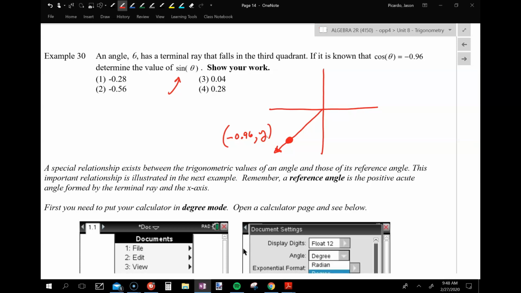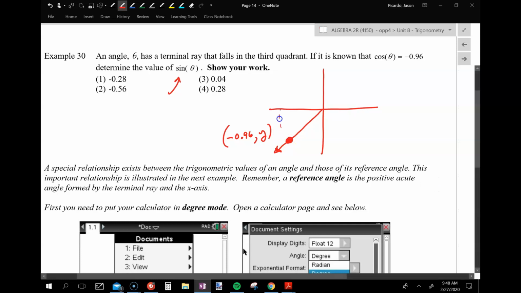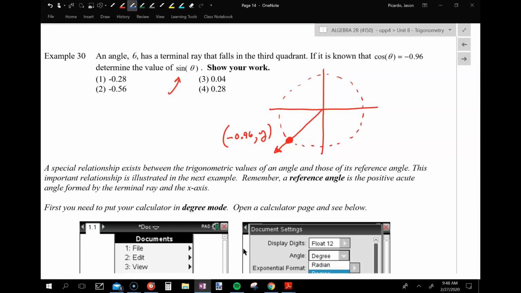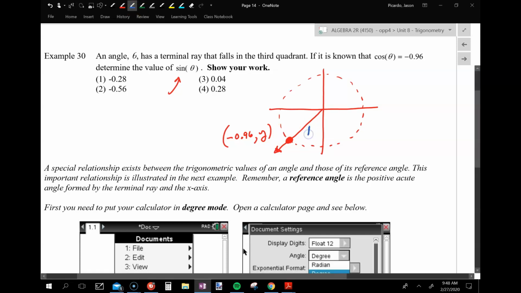So you might look at this and be a little bit nervous. Like, how am I going to figure that out? There's not enough information here. But what happens when I do this? Well, how does that create enough information? Because it's a unit circle, right? So it tells me that that distance has to be 1, correct?